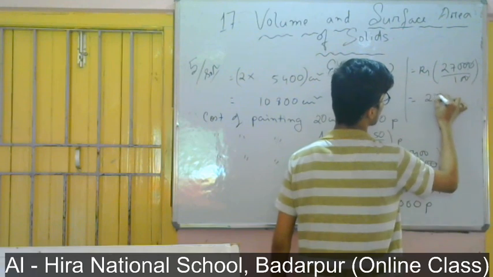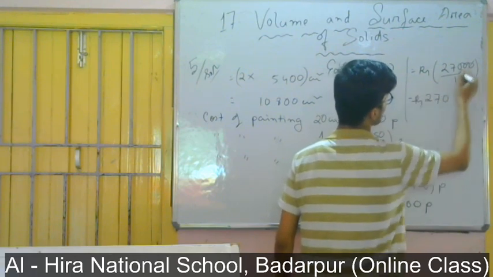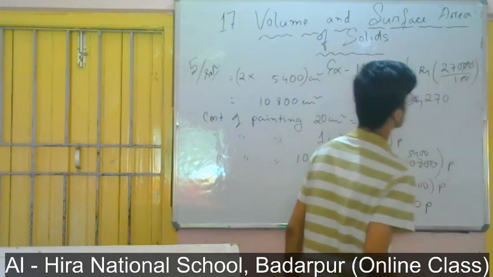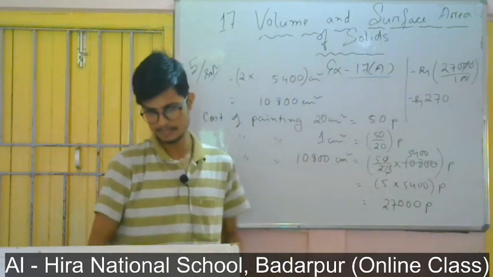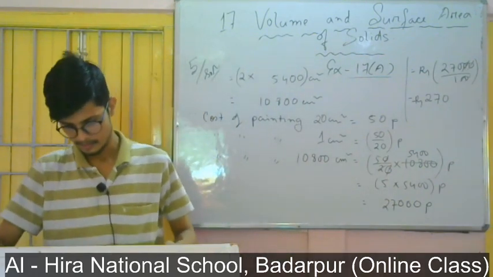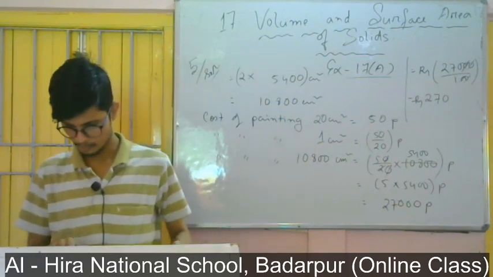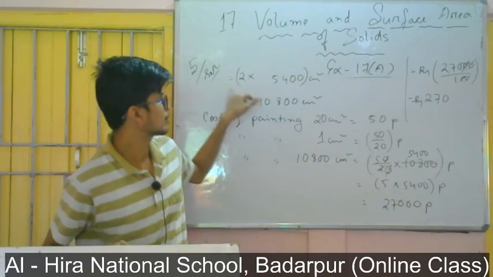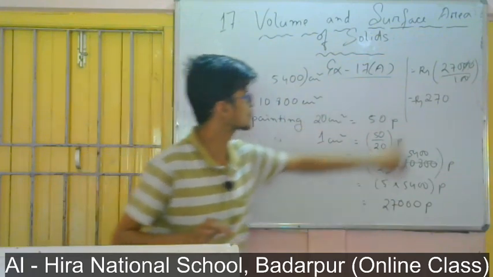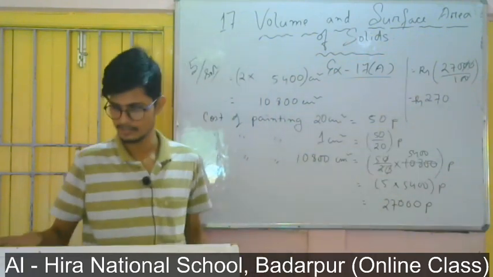So there are left 270 rupees, 0 also cancel, rupees 270. So this is the required answer. So to paint this whole wooden box, it will cost rupees 270. So this is the required answer.